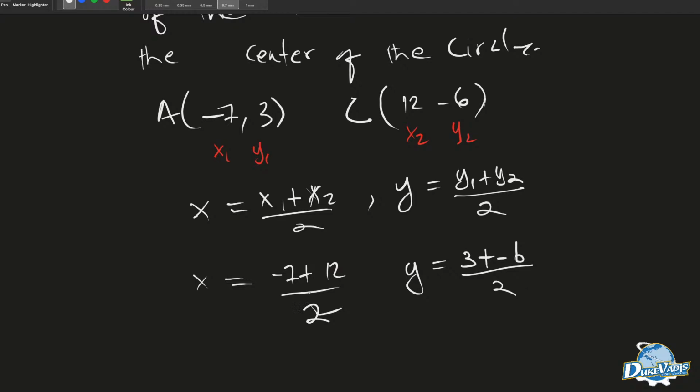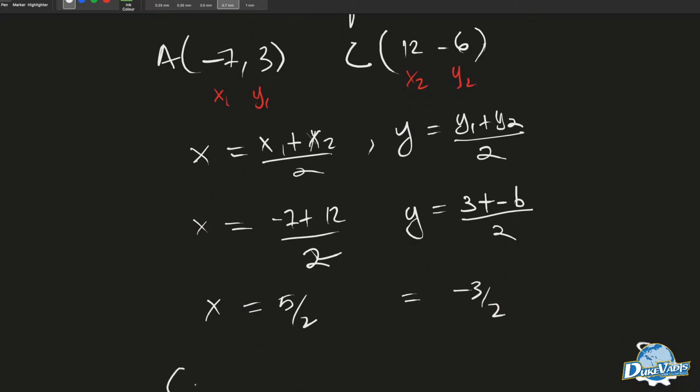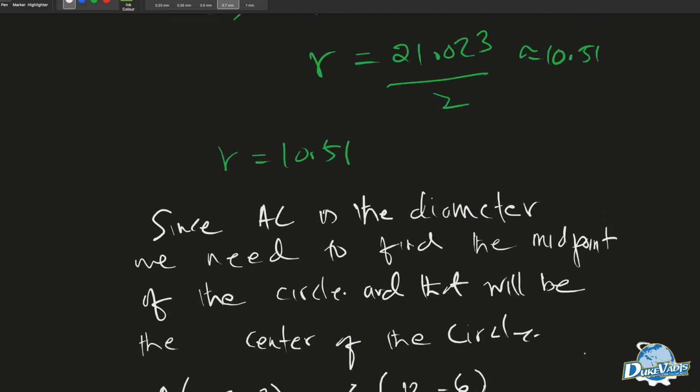Negative 7 plus 12 gives me 5, so this is 5 over 2 for the x value. And 3 plus negative 6 is negative 3, so negative 3 over 2. Hence, the center is (5/2, -3/2), and our radius, which we know to be 10.51.